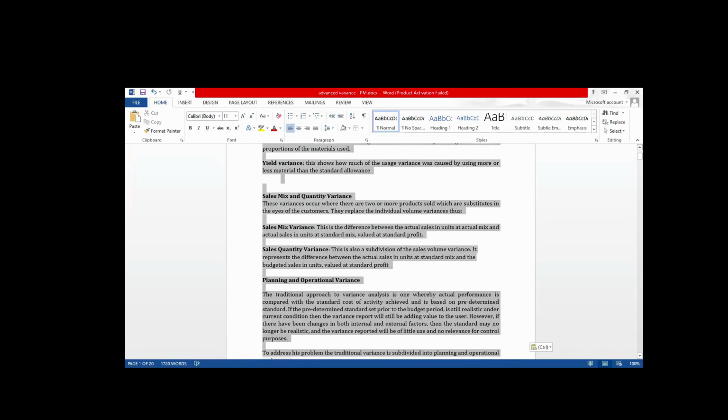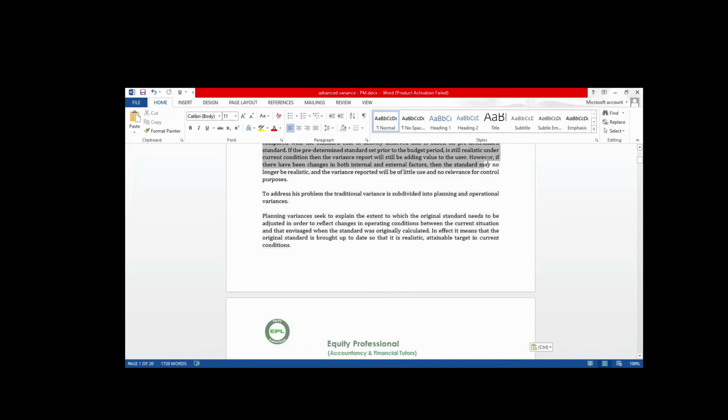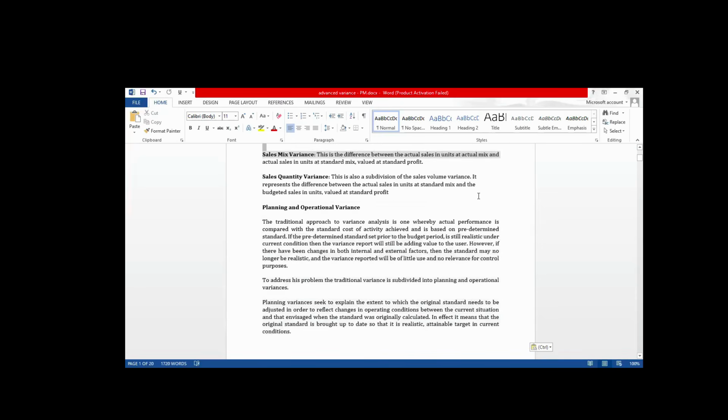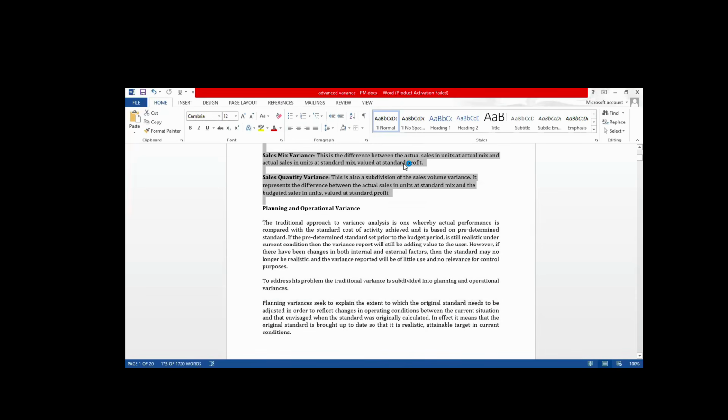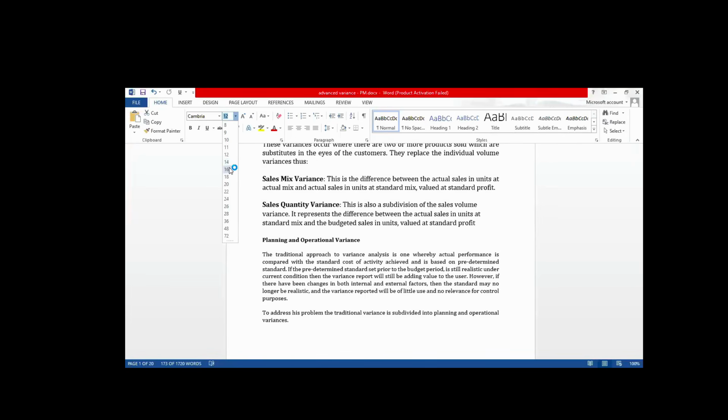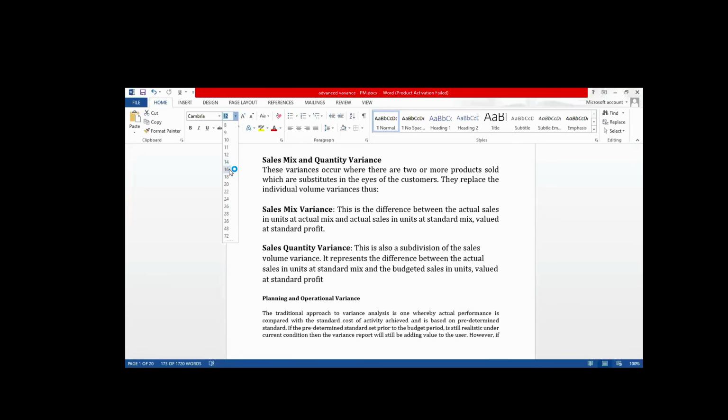We explained that there is similarity between budget and variance. We said budget, if you recall, is the monetary value of what the company plans to achieve.